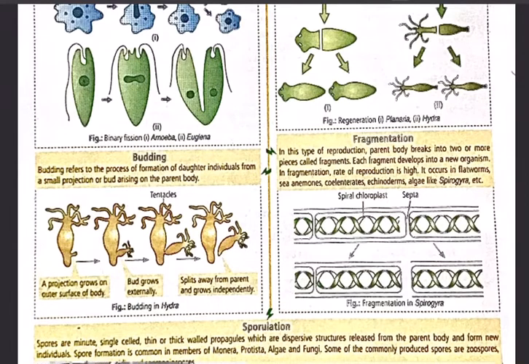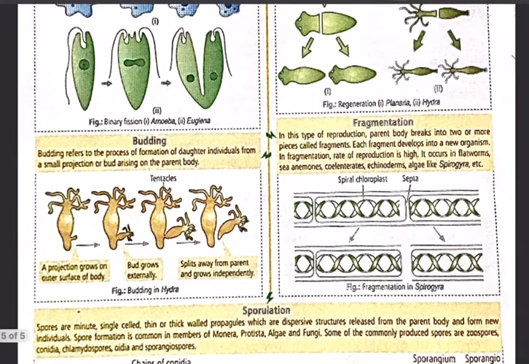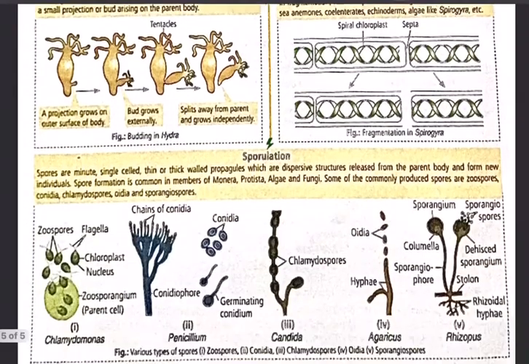As you are seeing, the ribbon-like structure of adult Spirogyra breaks into two portions because of septa, and each portion becomes an adult Spirogyra. So most of the time we use this word fragmentation for lower plants, and we use the word fission for lower animals. And then sporulation, that is spores.